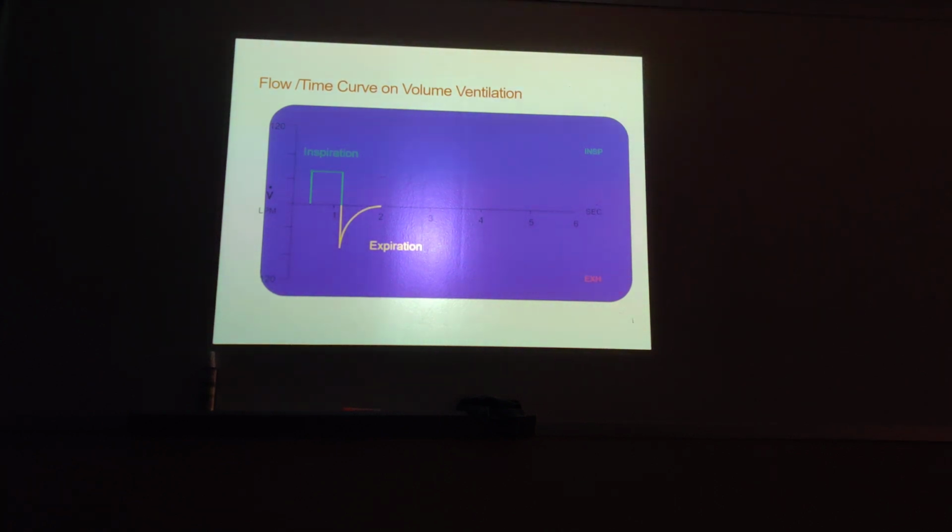At the beginning of inspiration, flow quickly rises to the preset, stays the same throughout inspiration, and drops back down before the patient exhales. The yellow line below the baseline is exhalation. On the next breath, the same thing: it rises to the set value, stays constant because you're trying to guarantee a volume, and then comes down, then the patient exhales.